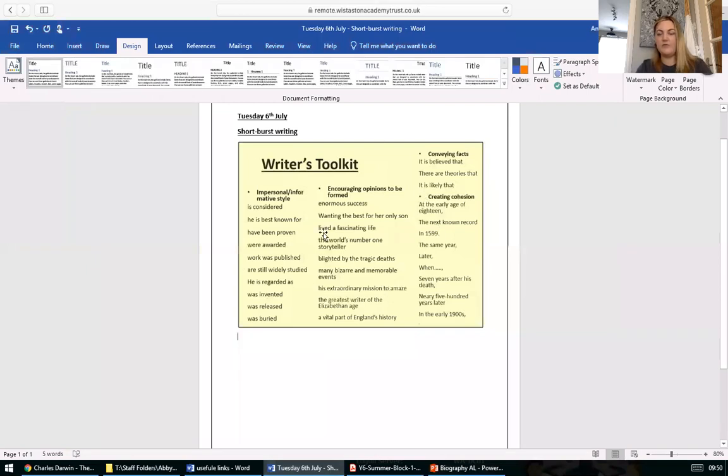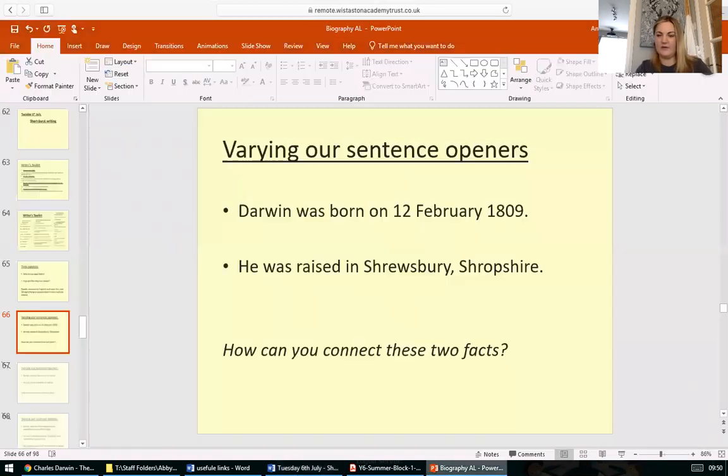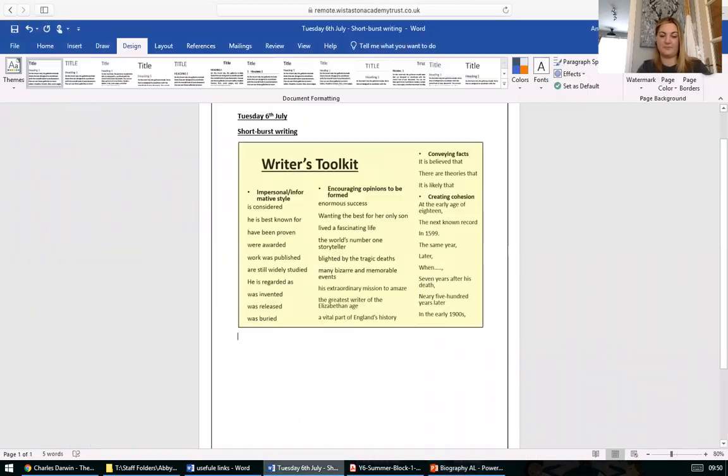So your work today, you have your writer's toolkit there to help you in front of you. So I'm going to have a quick look at my sentences. Darwin was born on the 12th of February 1809. He was raised in Shrewsbury, Shropshire. Now you've done lots of research as well, so you can add extra information to this to make it more interesting and to give us more of an idea about Darwin's life.